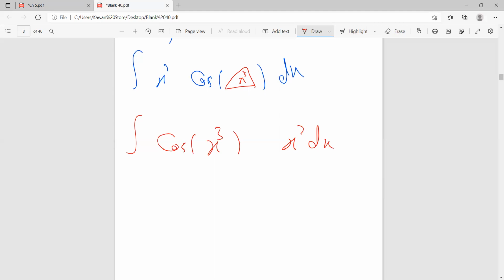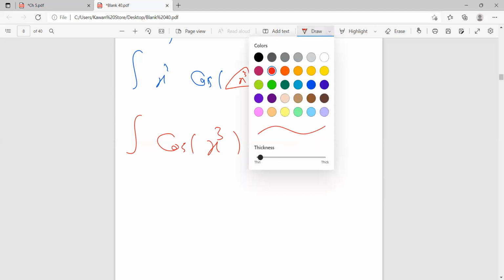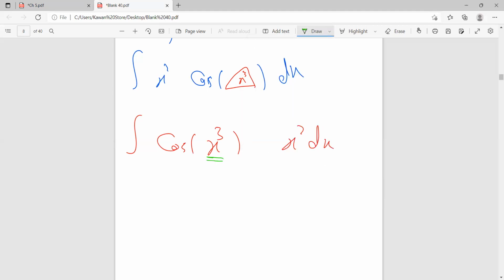So because we have the derivative of the angle, which is equal to 3x squared, and here we have x squared, what's missing is just a number. A number we can add, it's okay. But if there's a variable, no. If we have something like that, we cannot solve it. Understood?